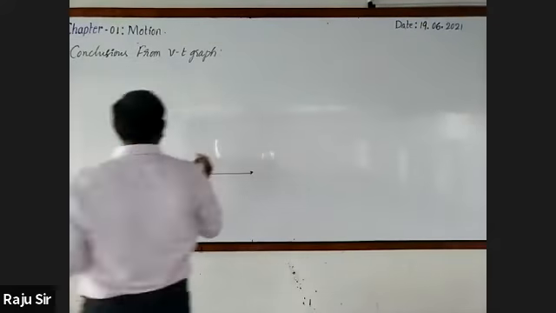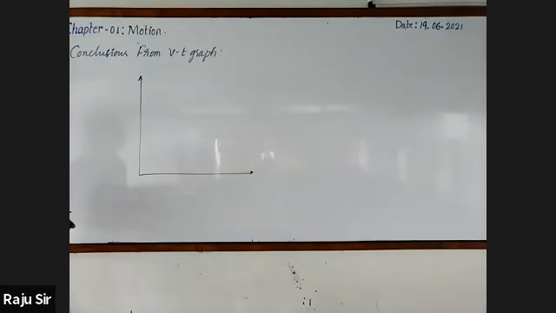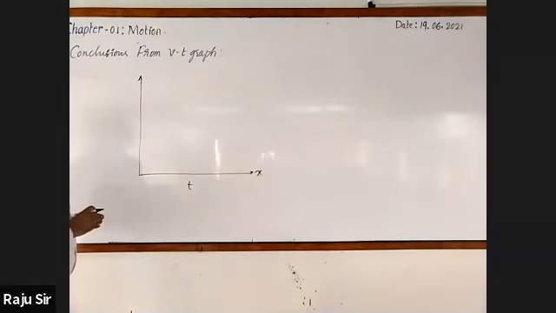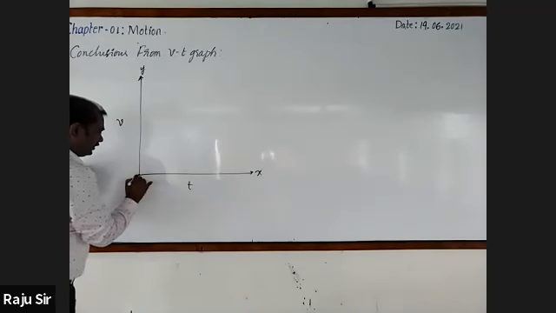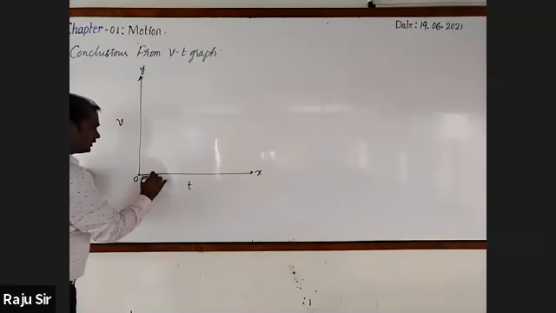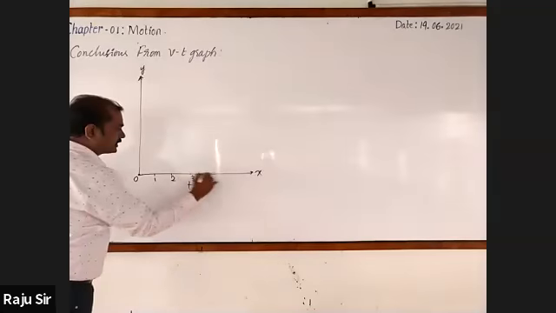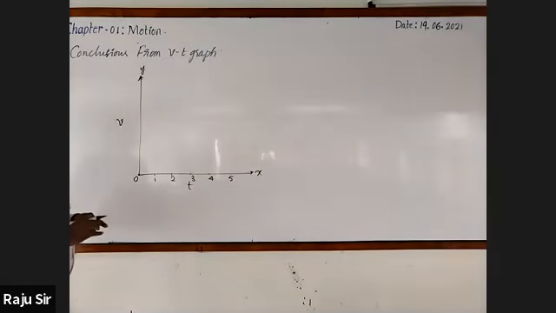It is a straight line, x-axis and y-axis. As it is a VT graph, I should take time along the x-axis and speed or velocity along the y-axis. Look here. Here it is 0. I'll take the time as 1 second, 2 seconds, 3 seconds, 4 seconds, 5 seconds, and so on.